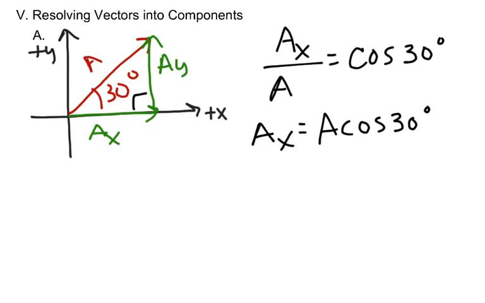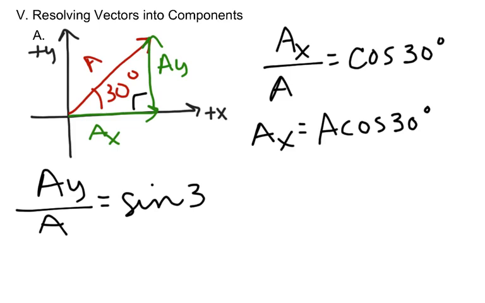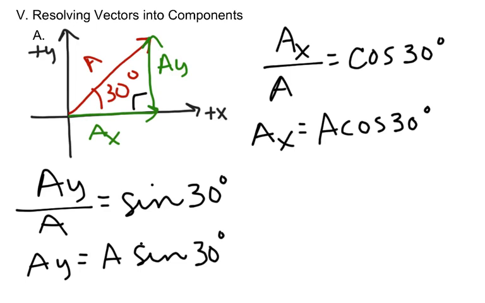Now what about A sub y? The side of A sub y over the hypotenuse A, just by trig definitions, is equal to sine theta, or in this case, sine of 30 degrees. Multiplying both sides by A, I would get A sub y is equal to A sine of 30 degrees.